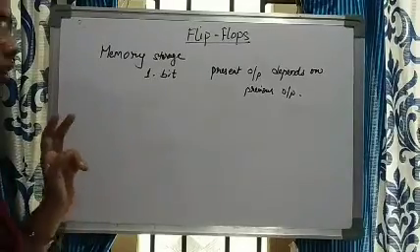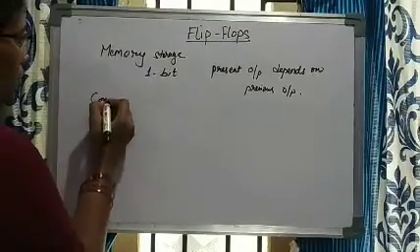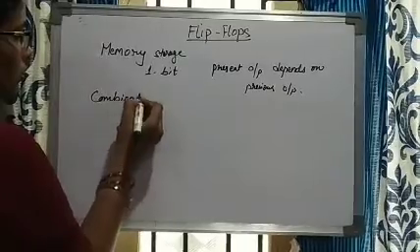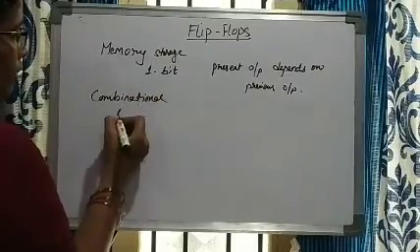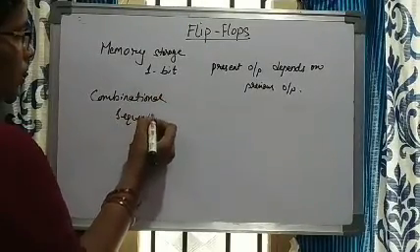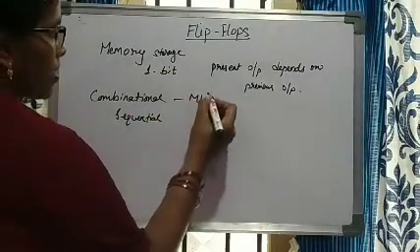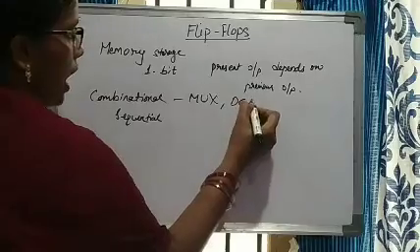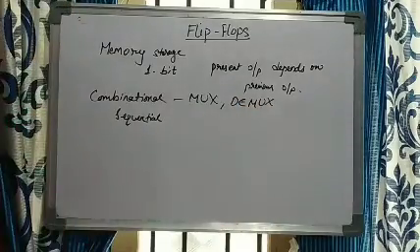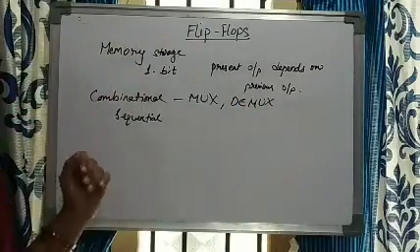There are two types of logic circuit. One is combinational, and the other is sequential. Combinational means earlier you all have studied about mux, demux, encoder, decoder. These are combinational logic circuits.